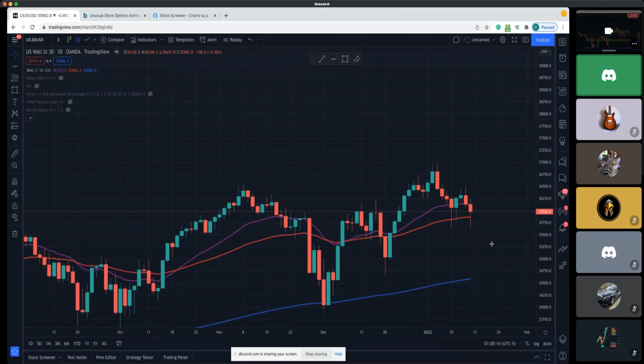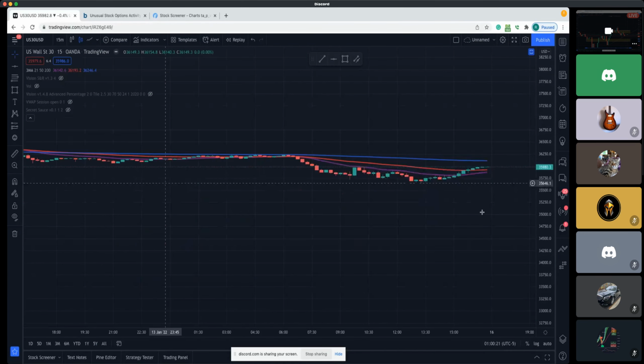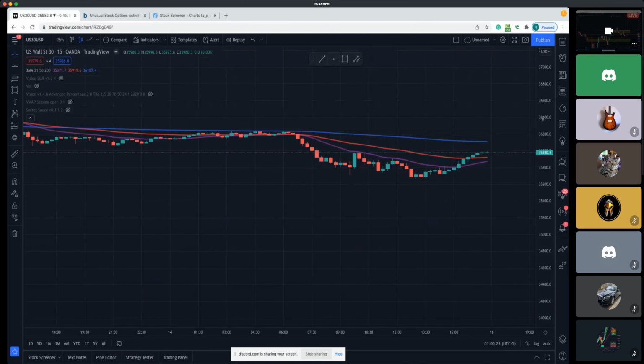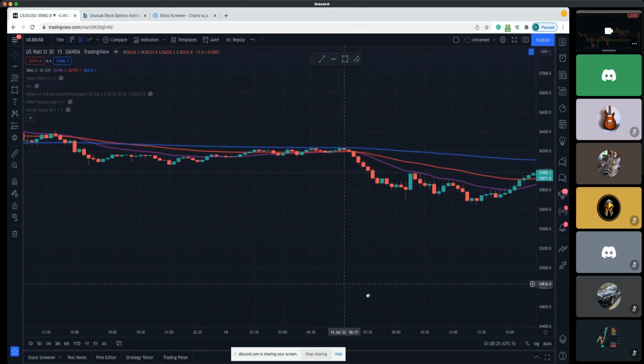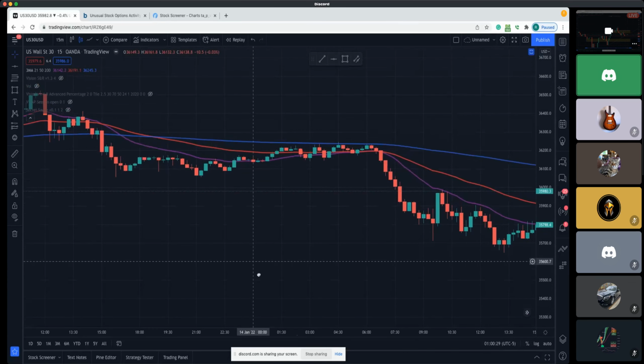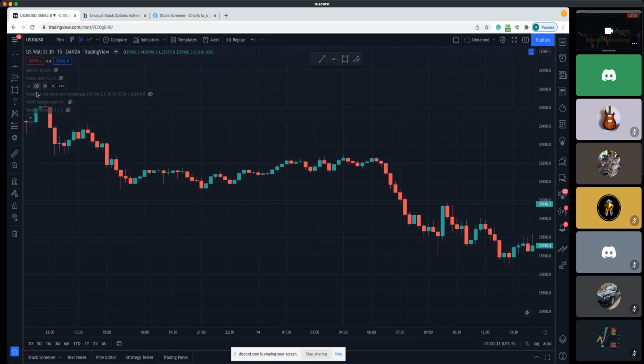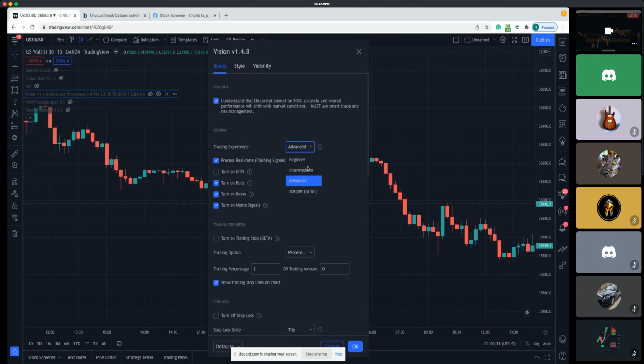EMAs are very important on forex and stuff like that because they don't use VWAP, so they use support and resistance and moving averages. But on stocks, VWAP is my line of choice.